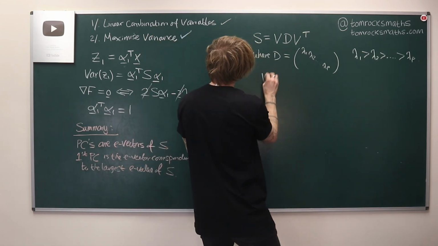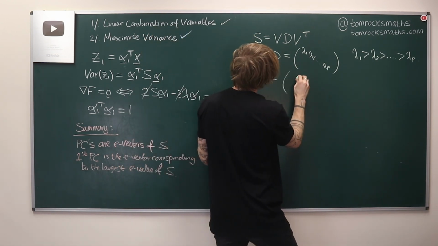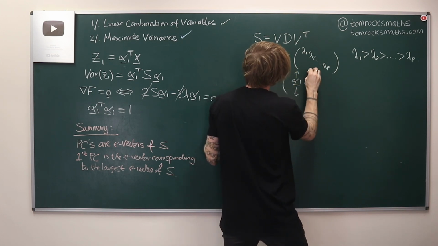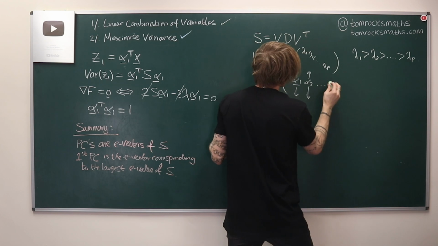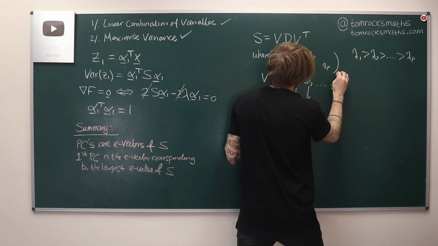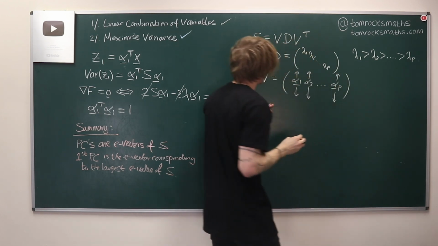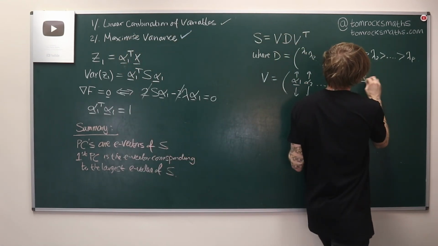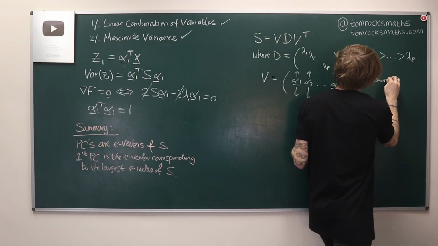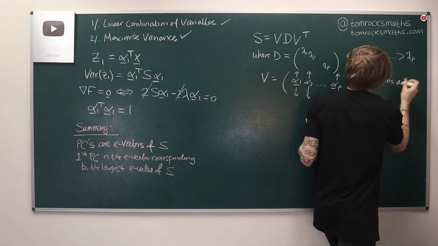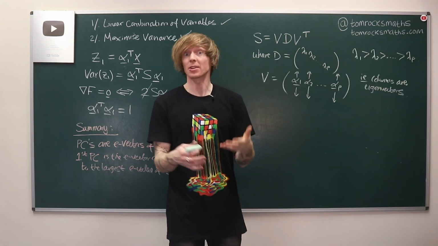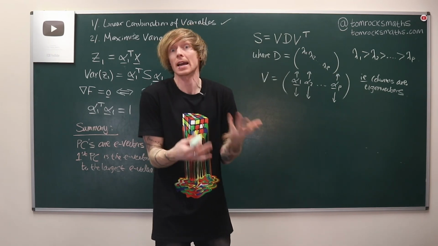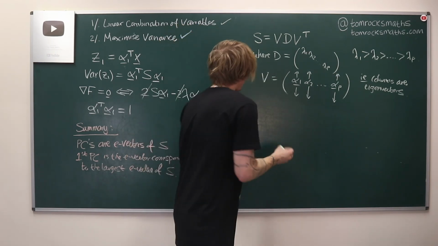And V is actually just made up of alpha 1 in the first column, alpha 2 in the second one, all the way through to alpha p. So the columns of our matrix V are the eigenvectors. Practically, what this means for our data exploration is the following.